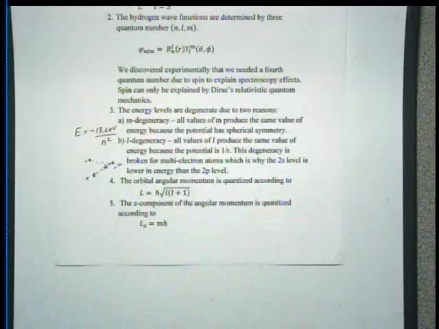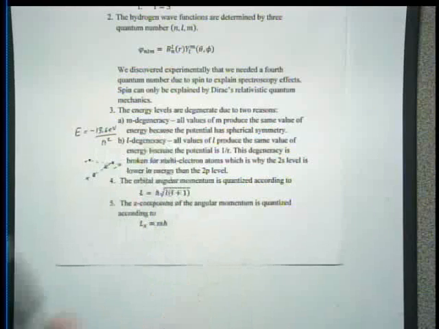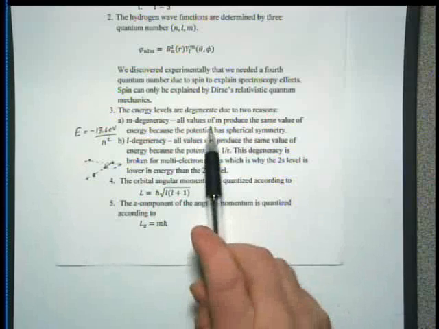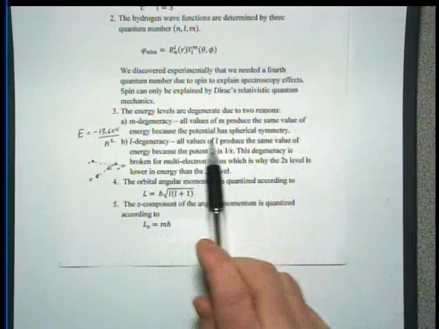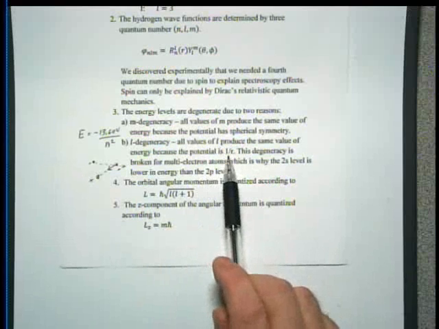Those are different states. They have the same energy. So it has m degeneracy. So if you had a single atom and ignored electron-electron effects, they would all have the same energy value, the same energy level. The m degeneracy is produced because it's a spherical type problem. And the L degeneracy only occurs if it's 1 over r.